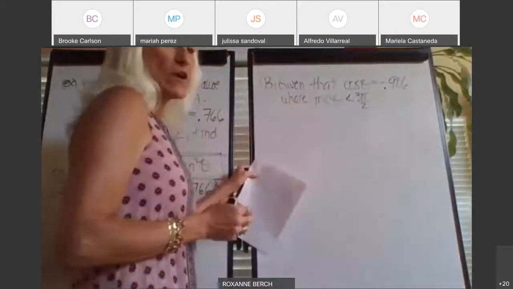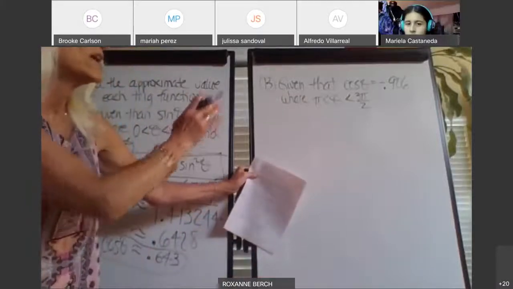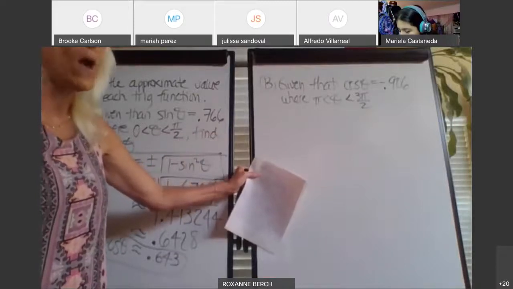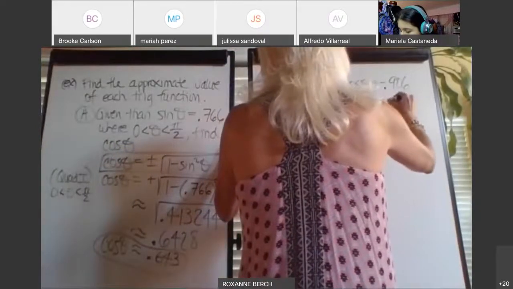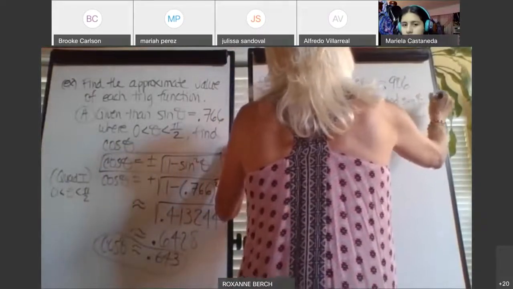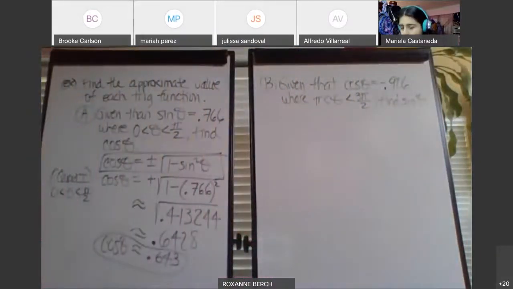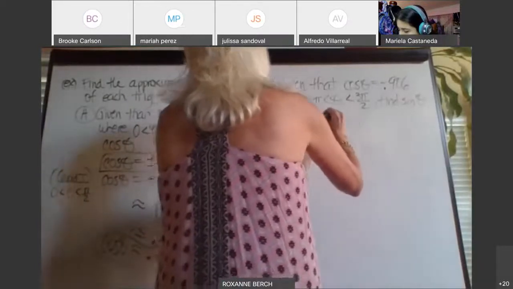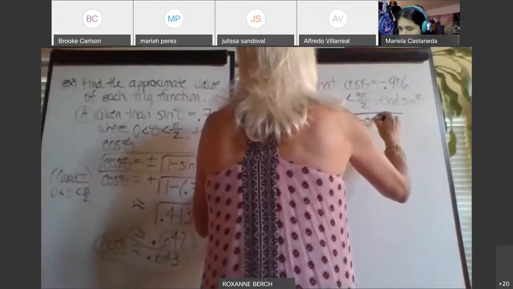So from that, you have to figure out where they're talking about. Where's the angle? They're saying the angle is less than 3 pi/2 and greater than pi. So you have to know what quadrant that is in. And then after that, they're saying find sine of theta. So we have sine of theta is equal to plus or minus square root of 1 minus cosine squared theta.